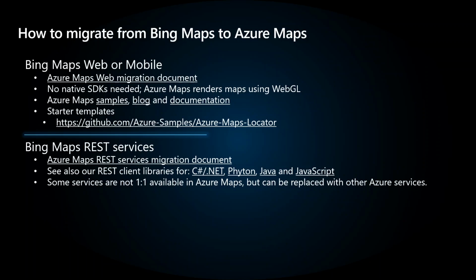But the client libraries are, of course, easier to use as a developer. Not all the APIs are one-to-one the same or available in Azure Maps, but you don't need to look only at Azure Maps. You can look at the total suite of services and products we have in Azure that can help you create the solution you already had in Bing Maps for Enterprise.